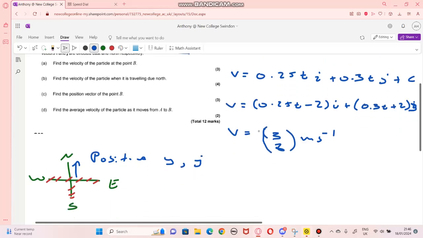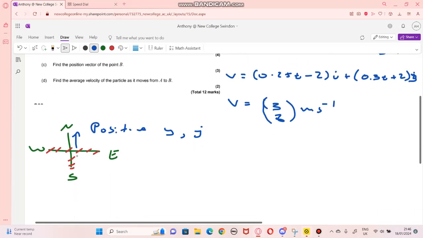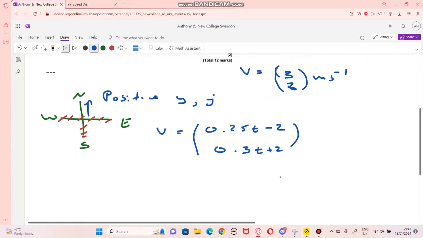Knowing that it cannot have any x, or any i, and there must only be a positive j, let me rewrite our equation into an easier form to look at: (0.25t - 2, 0.3t + 2).